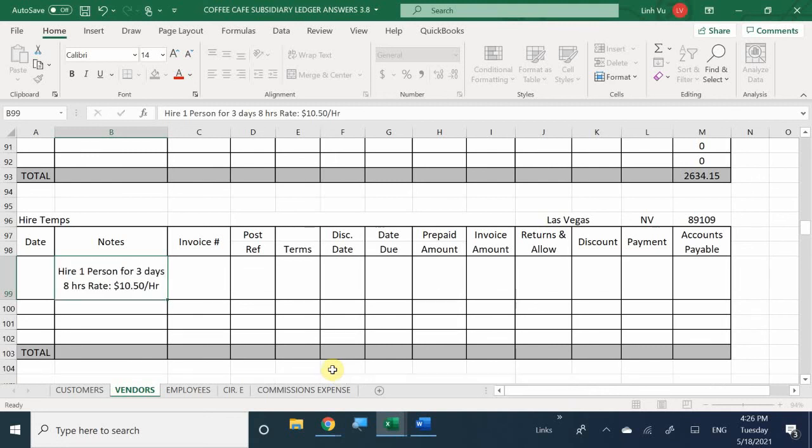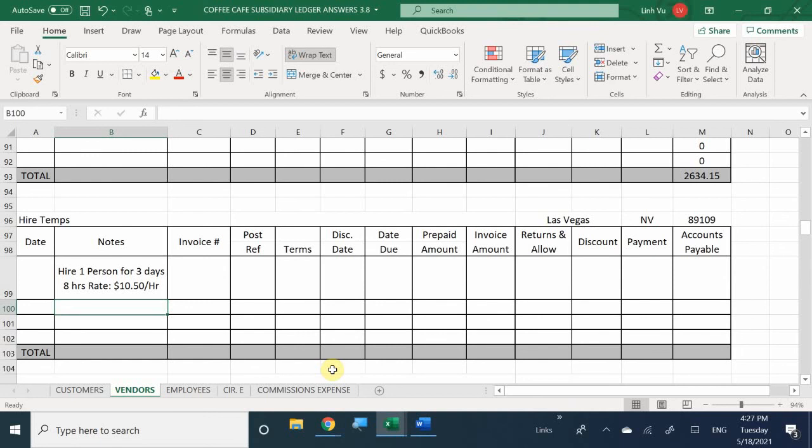Okay. That's pretty good information to keep in mind. But also, we have a place to be able to write this in, which is the actual Hire Temps vendor itself, because this is the criteria. I'm only going to hire one person for 3 days, 8 hours a day, and I'm going to pay them $10.50 an hour.